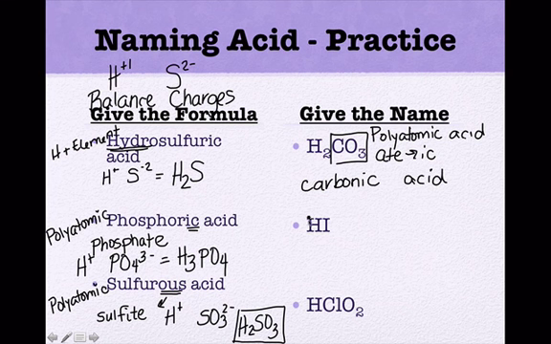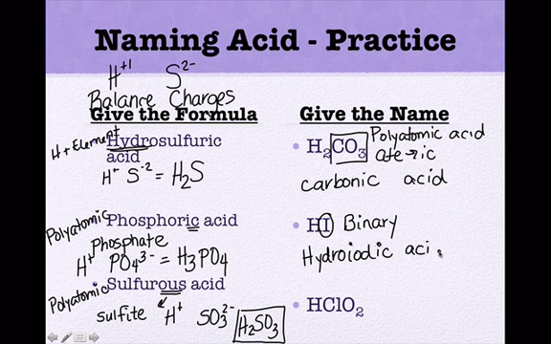This one, the hydrogen is attached to an element, so this is a binary acid, which means I do use the prefix hydro. So hydro, and then I look at what the element is, and it's iodine, and we would change it to iodic because we want to give it that IC ending, and then we just add acid on the end. So hydroiodic acid. And the last one here is ClO2.